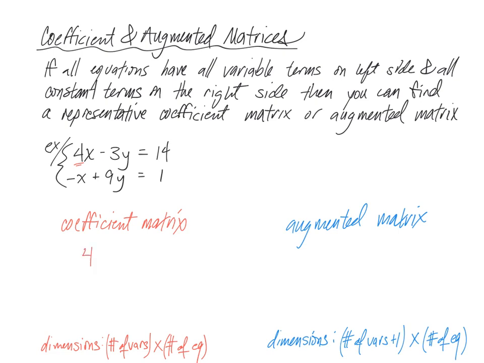The next coefficient will be -3, and that's a y coefficient, so that will start a new column. We can think of each column as representing a different variable, and that makes things very easy to line up. The next equation, -1, will start a new row. -1 for the x, 9 for the y.